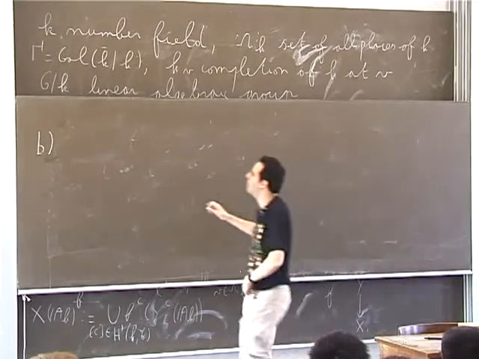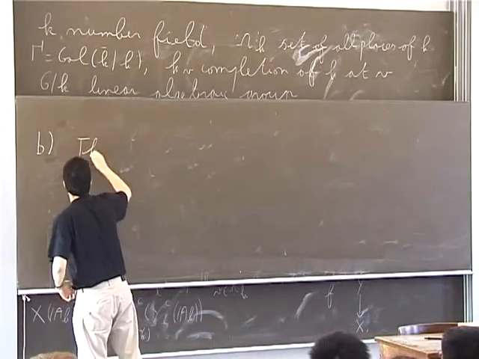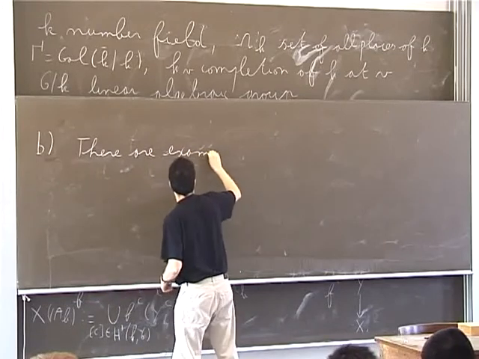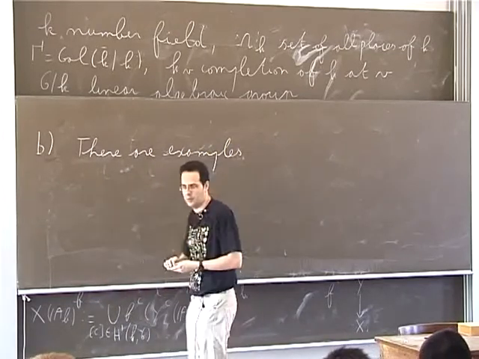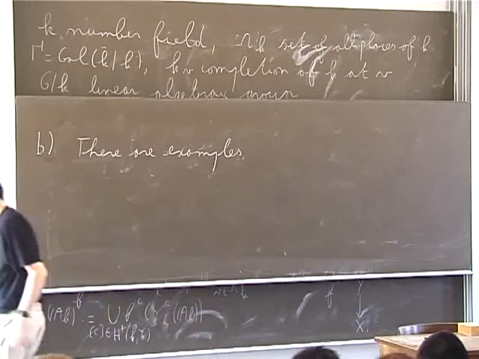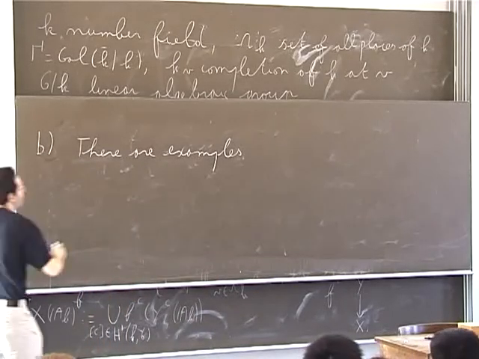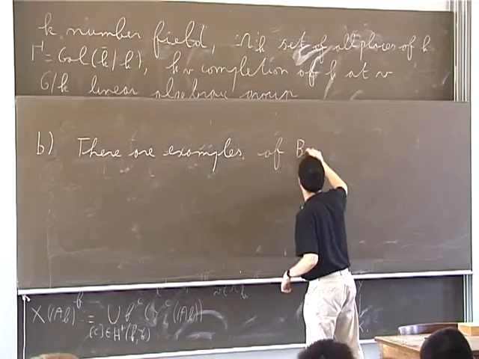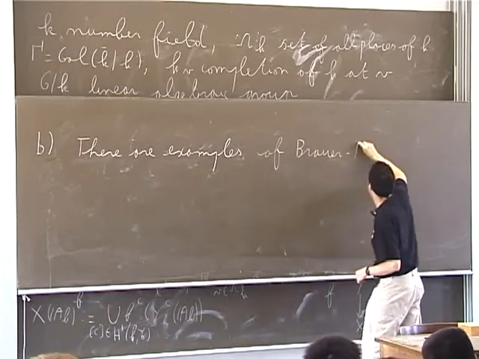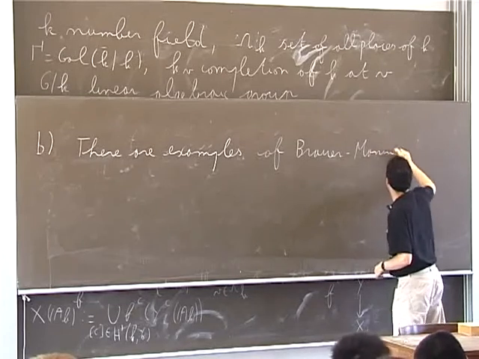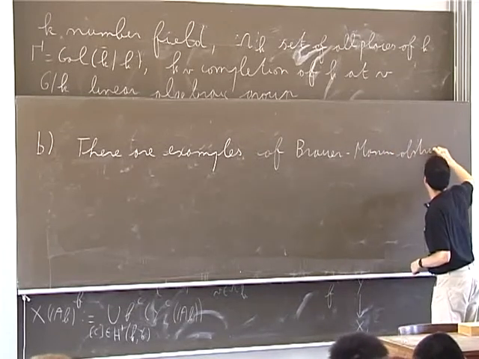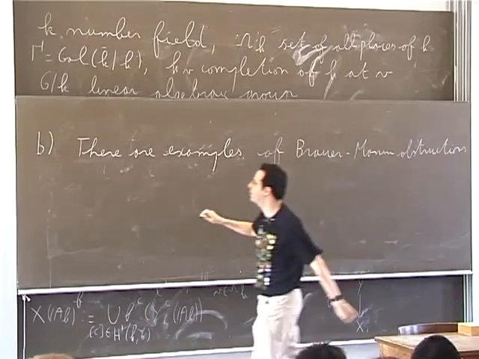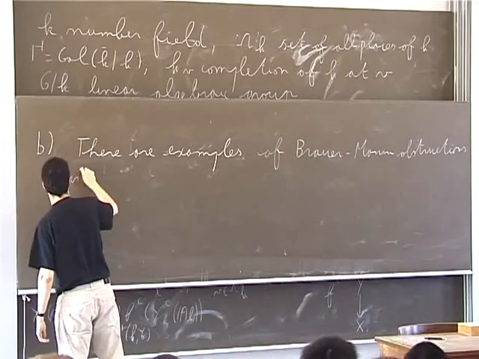So there are examples of Brauer-Manin obstruction with the transcendental elements of the Brauer group.